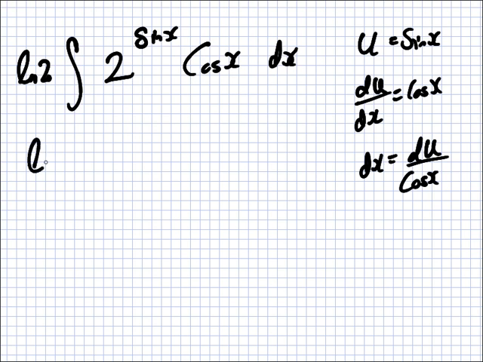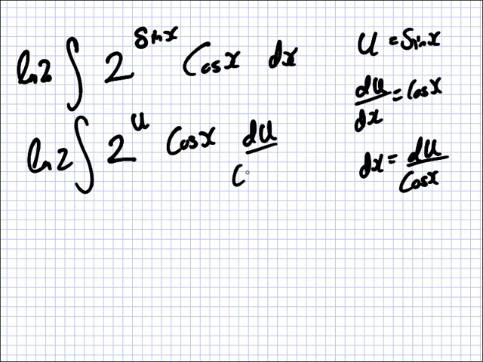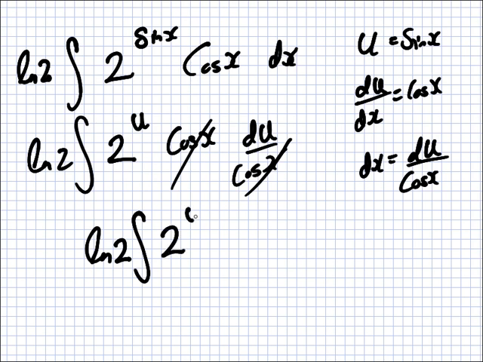So this becomes log 2 integrate 2 power u cos x du over cos x. Cancel, cancel. So this becomes log 2 integrate 2 power u du.